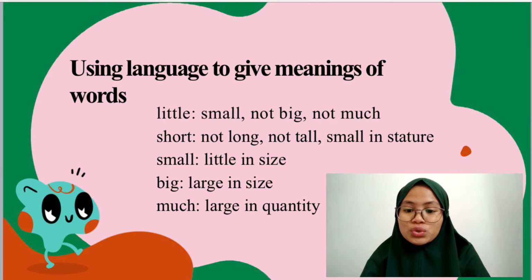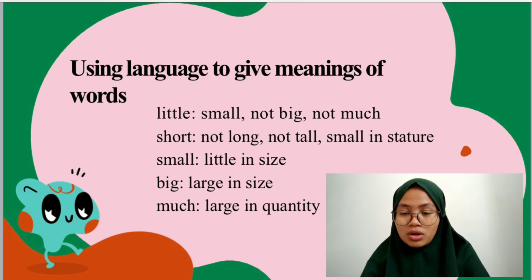Using language to give meanings of words. As we can see in the slide, there are some examples of that. Little means small or not big or not much. And short means not tall or small in stature. Small means little in size, and big means large in size, and much means large in quantity.